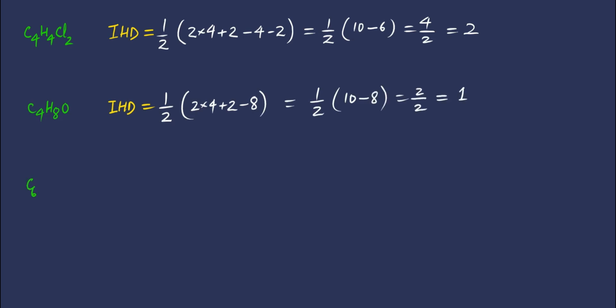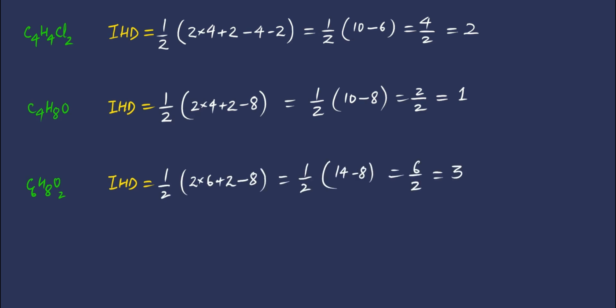For C6H8O2, IHD equals half of 2 times 6C plus 2 minus 8H, which comes to 3. For C5H5NO2, IHD equals half of 2 times 5C plus 2 plus 1N minus 5H.